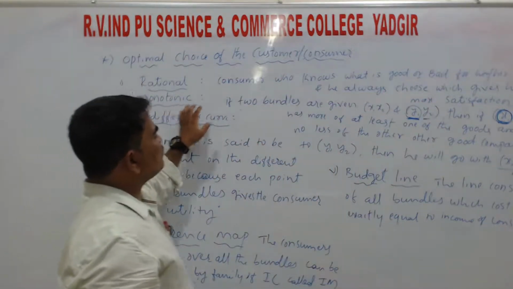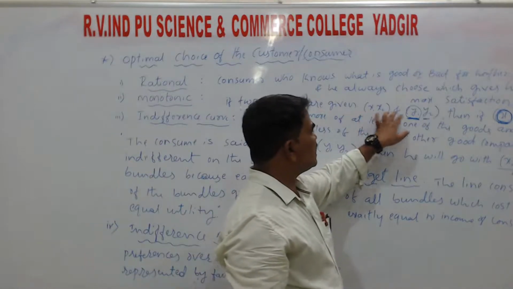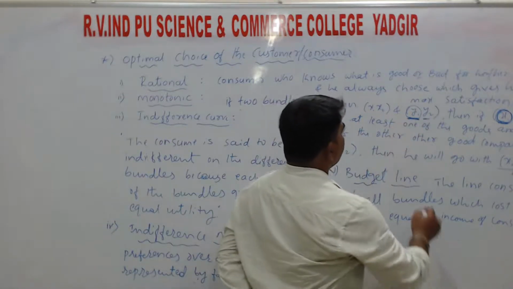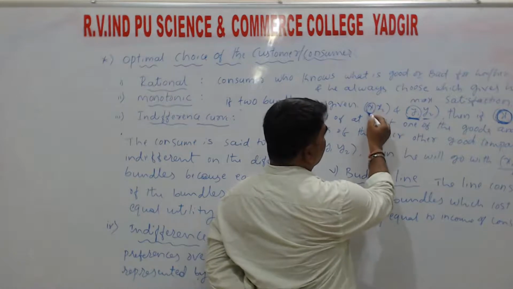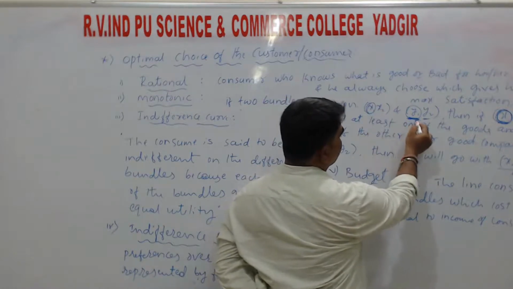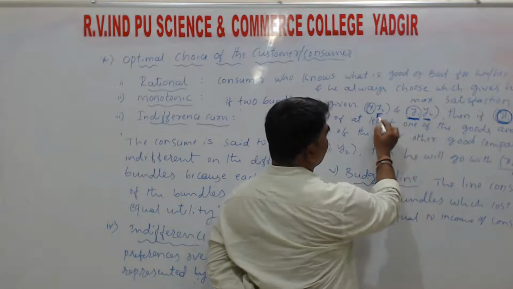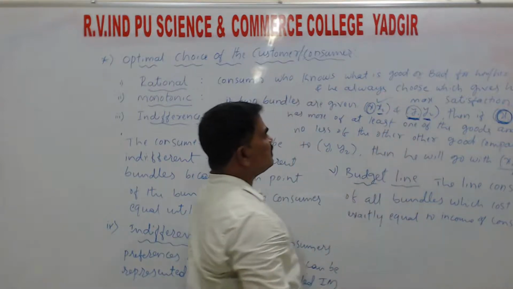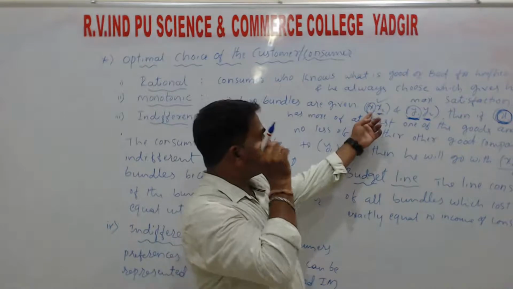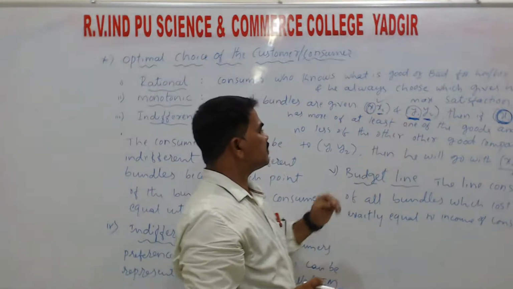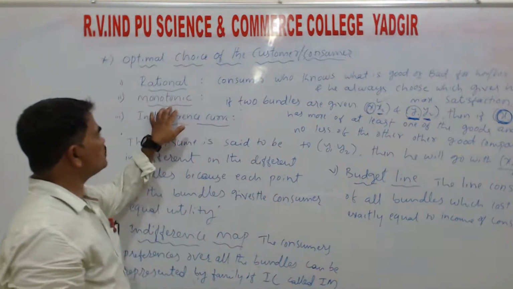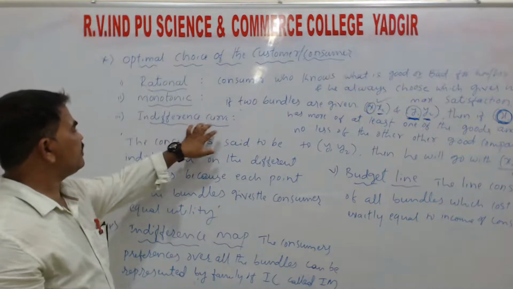And monotonic means when two bundles are given, if the quantity of this good is more than the quantity of that one, and the other goods are the same in quantity, then the consumer selects this bundle because the X1 quantity is more than the Y1 quantity. This nature we call monotonic preferences.